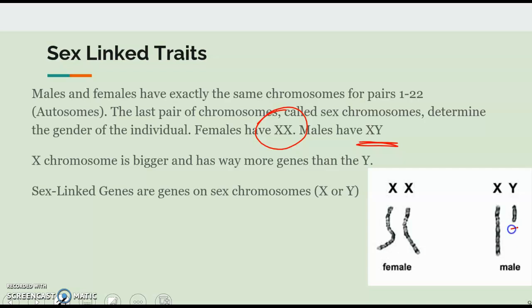As you can see, here's a Y, here's an X. The X chromosome is literally and physically bigger than the Y chromosome, and so it has more genes. I like to think of it like, that's what an X looks like, and a Y pretty much looks like not that much of that. Even looking at the literal letters, you would see that one letter just takes up more space than the next, right?